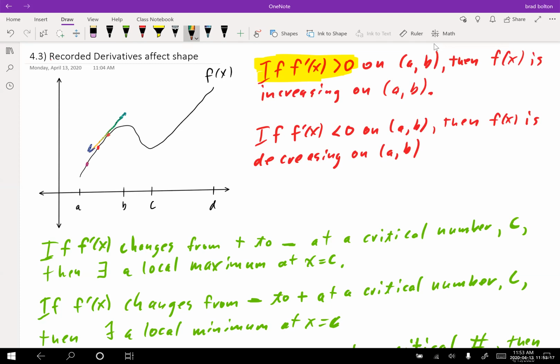What if I pick right here? Still positive. So no matter where I pick on my graph, I still get a positive slope. So this symbolizes that the graph must be increasing at this interval.